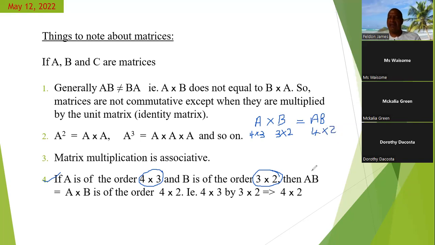All right, so can anybody make any connection from the order of these matrices? How do you think the order of the product came about? Or would be the order of AB, which is 4 times 2? How do we arrive at this order? Anybody?